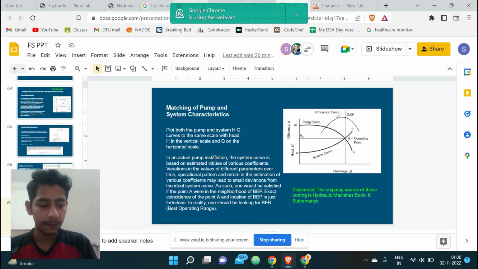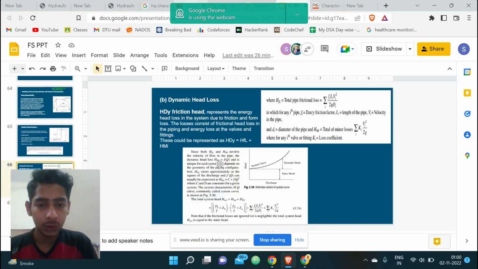Now, this definition sketch of the system curve shows that the static head is constant while the discharge increases, while the dynamic head increases as the discharge increases. This is due to the fact that dynamic head is a function of discharge. Now, how is dynamic head a function of discharge?